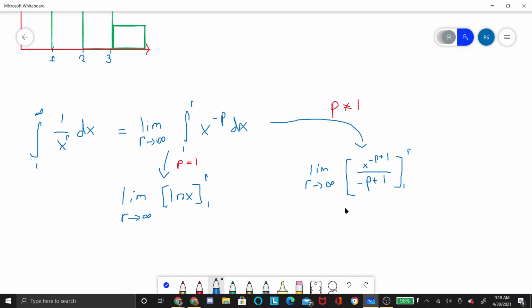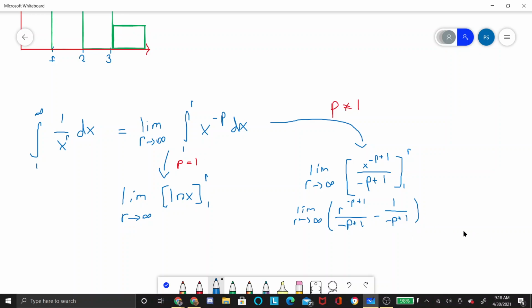So let's do the bigger one first. This will turn into the limit as r approaches infinity of r to the negative p plus 1 over negative p plus 1, minus, well, that's just 1 to the negative p plus 1, so just 1 over negative p plus 1.